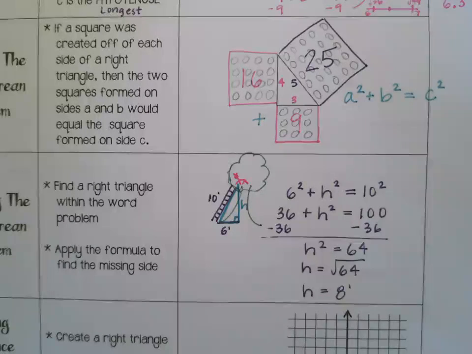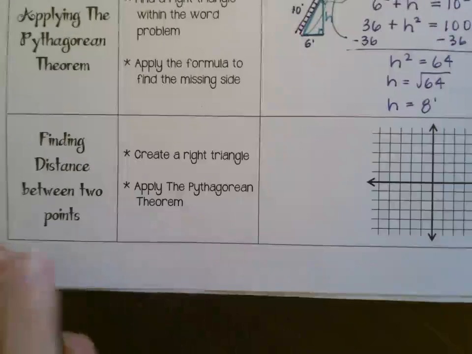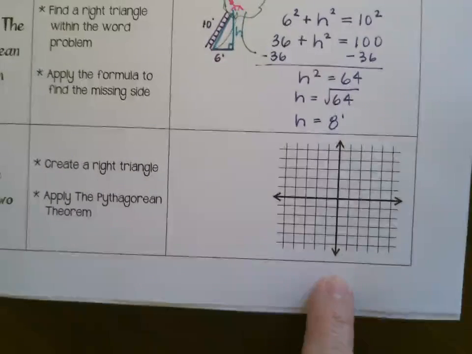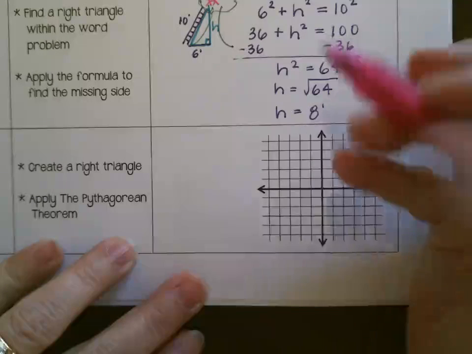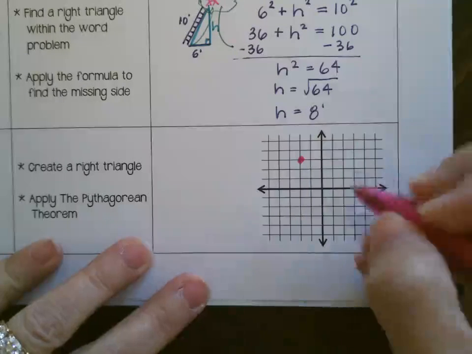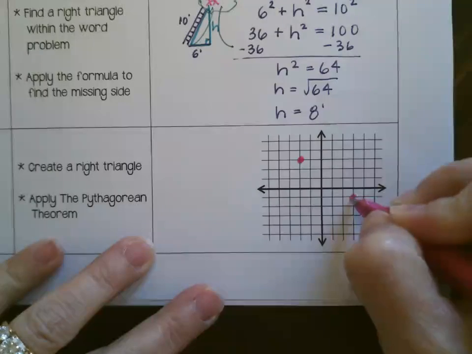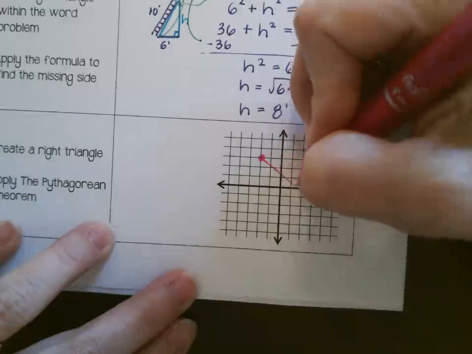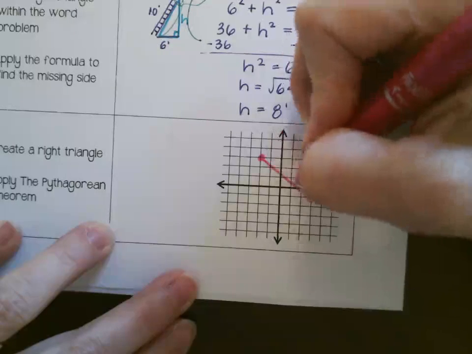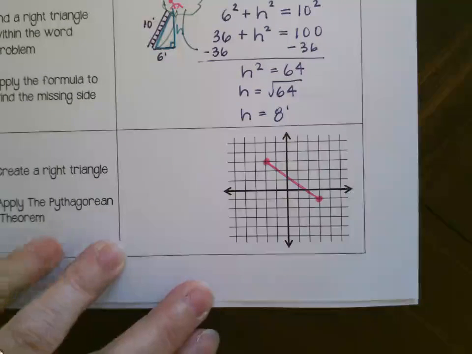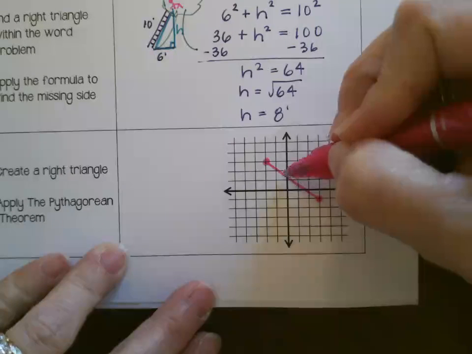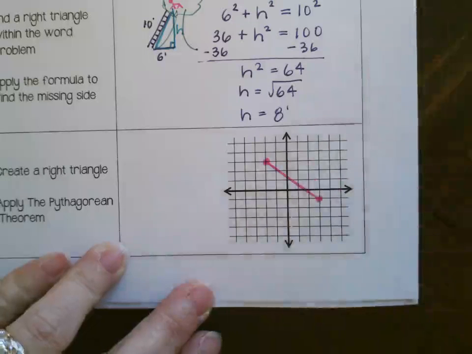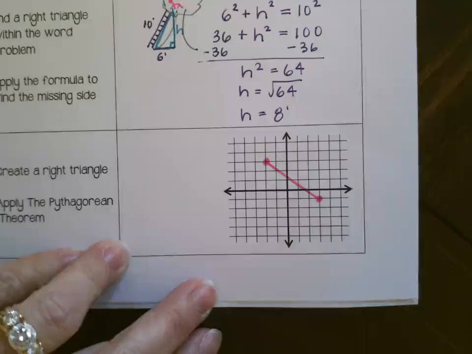All right, another use of Pythagorean Theorem that's very cool is that we can use Pythagorean Theorem to find the distance between 2 points that are on a graph. So I'm just going to plot 2 points. So I'm going to say this one and this one. So let's say that I'm trying to figure out how far away those 2 points are from each other. Well, you can't really count diagonal measurements here because I have no idea how to make those into fractions or decimals of a space.